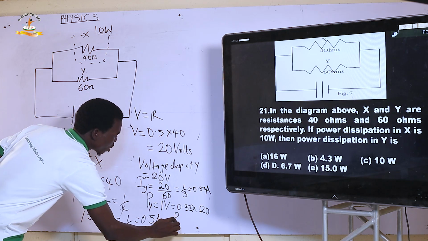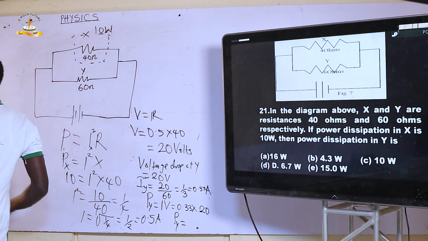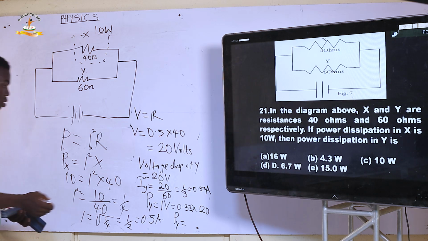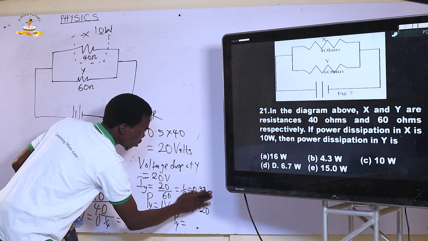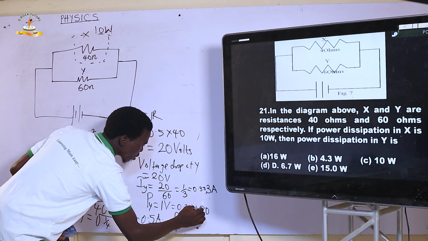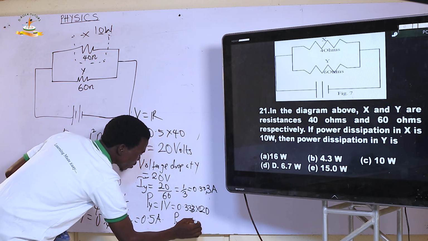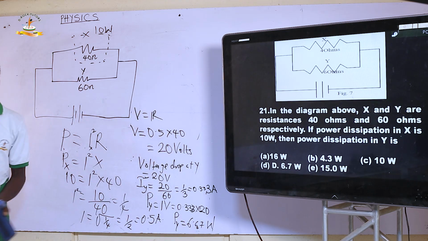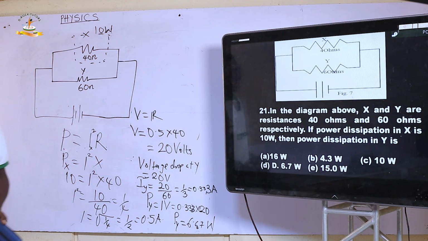Pressing my calculator, that is 6.6 watts, or 6.66, approximately 6.67. The approximation error happens there, so we correct it: 6.67 watts. Don't forget, the unit of power is watts.